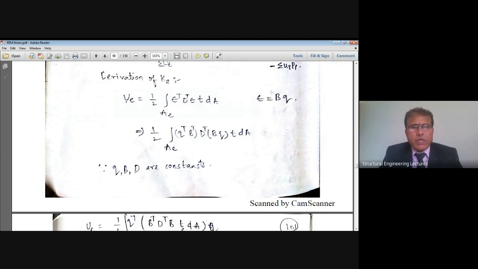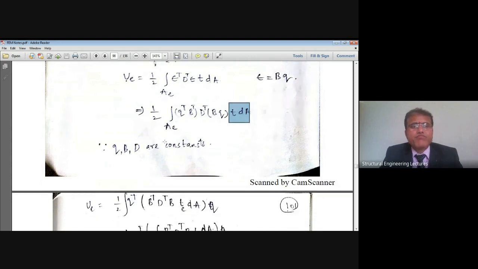We already know that epsilon is nothing but B multiplied by q. Therefore, now substitute that. Now I'll get q transpose multiplied by B transpose D multiplied by Bq. Actually, D transpose itself is D because D is a symmetric matrix.